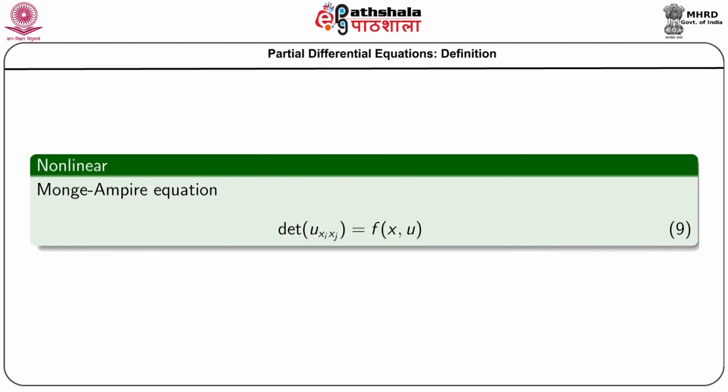And the most complicated equation, which does not belong to the earlier categories, that means the equation which is neither linear nor quasi-linear nor semi-linear, that equation is called a nonlinear equation. A nonlinear equation is very complex and very difficult to solve. This is one example of nonlinear equation.